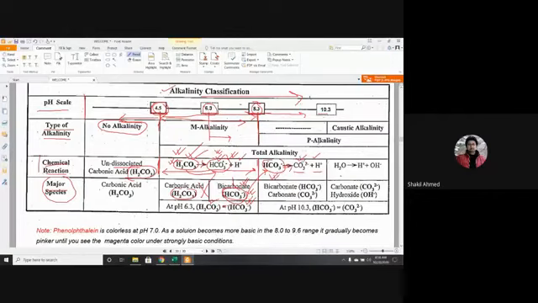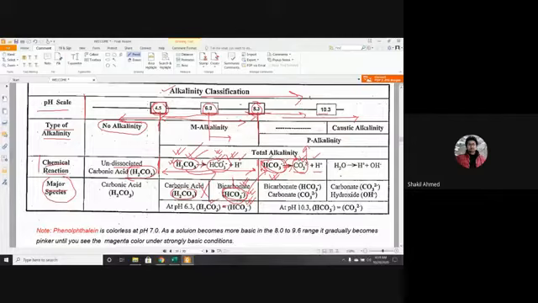But as you go further rightward with increasing pH, the concentration of carbonate ion increases and the concentration of bicarbonate ion decreases. Why? Because bicarbonate ion is dissociating to give you carbonate ion. So this will increase and this will decrease.